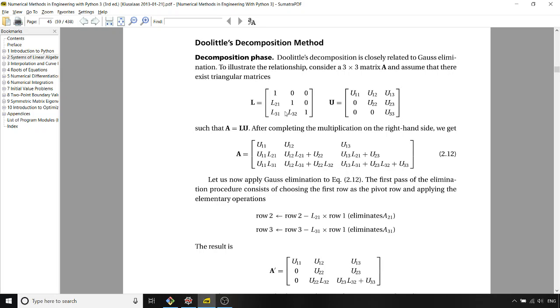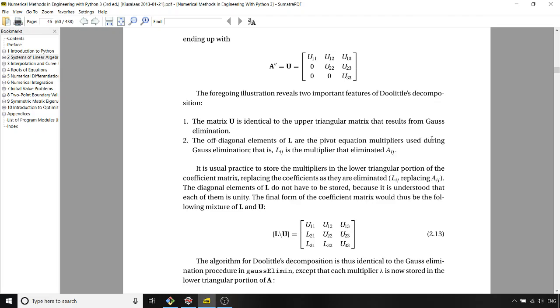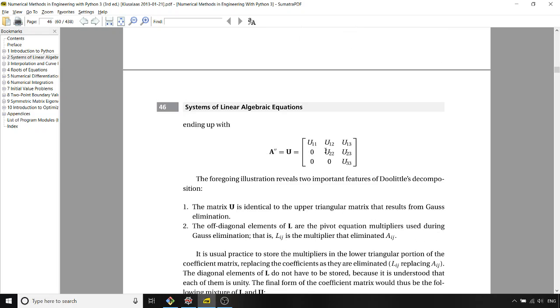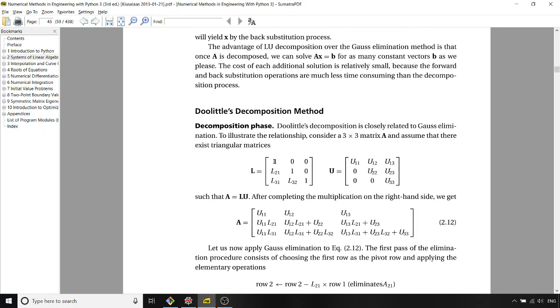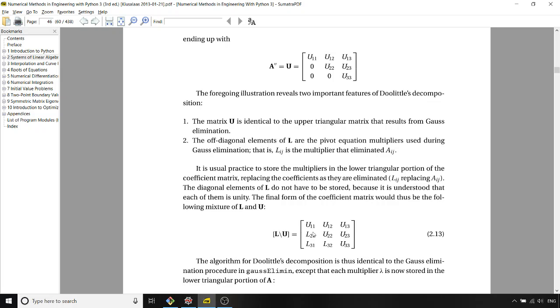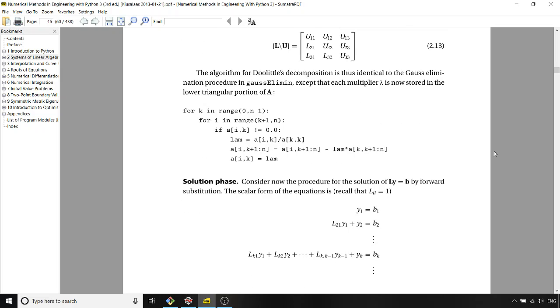And then you can also use them to find the values of the upper triangular matrix. Usually we write the upper and lower triangular matrices like this. We ignore the ones in the main diagonal and just put them together to save some space. It's nothing to do with the numbers and calculations. It's just to save space.